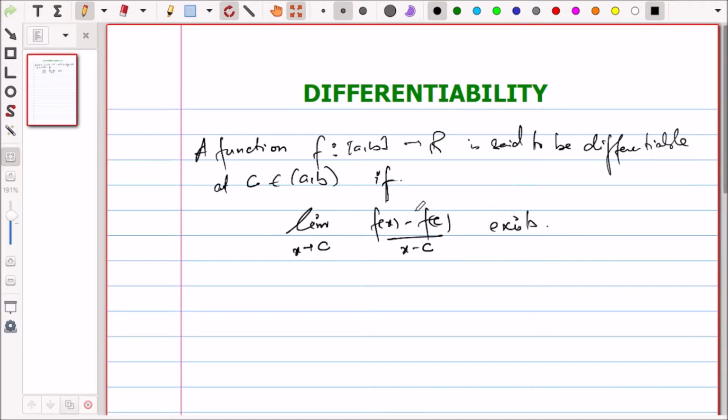If this limit exists, then we say that the function is differentiable at c belonging to (a, b). Remember this definition?